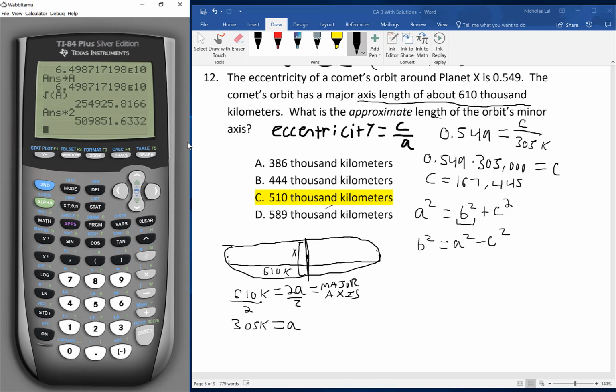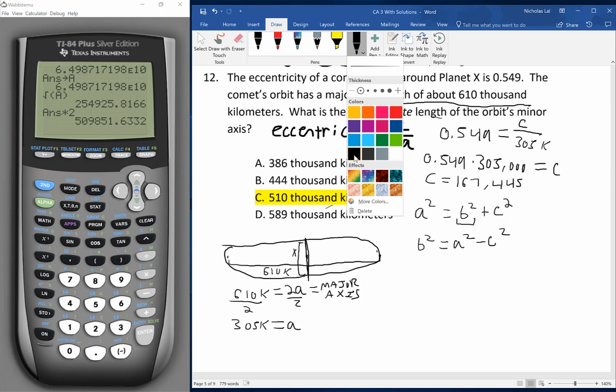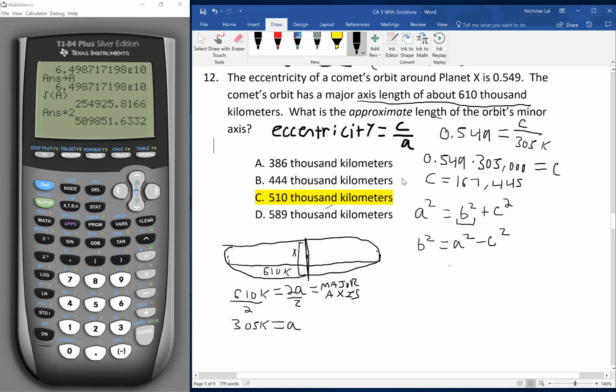So here's what we did here. b squared is equal to a squared minus c squared. So we plugged in b squared is equal to 305,000 squared minus 167,445 squared, right?